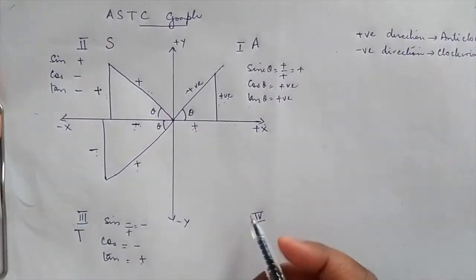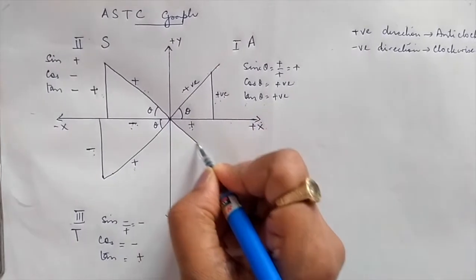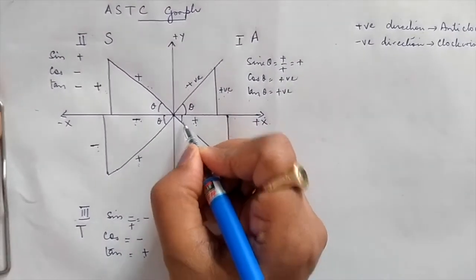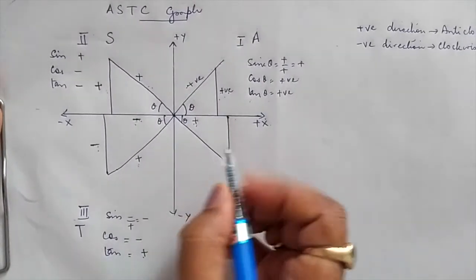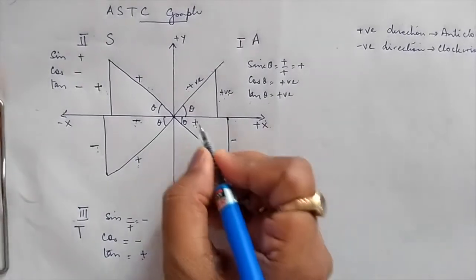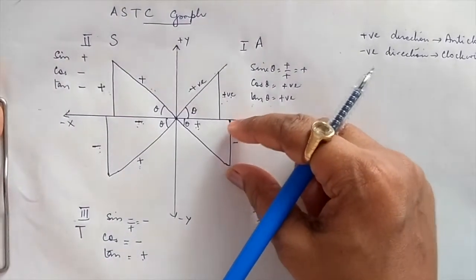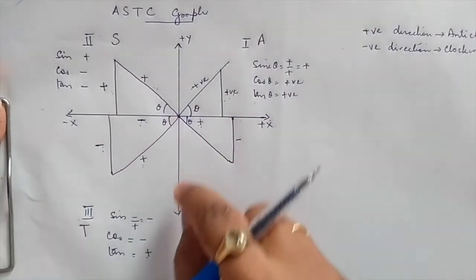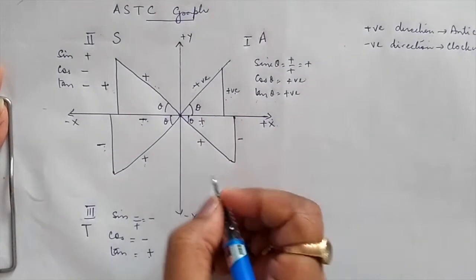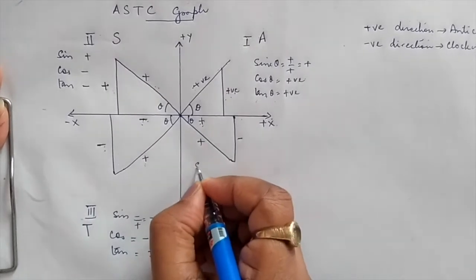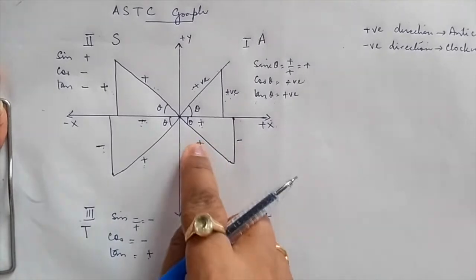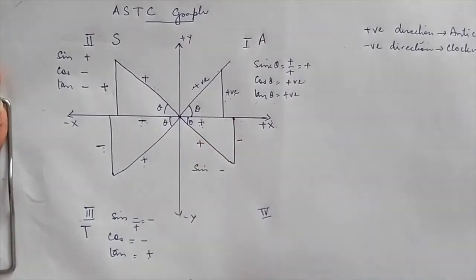Now reaching the fourth quadrant. This is my theta. This time this will be my P, so this is negative, and this is positive. This is negative because this is a part of the negative y-axis. Hypotenuse again will be positive. Now sine is P by H, so negative upon positive is going to give me negative.